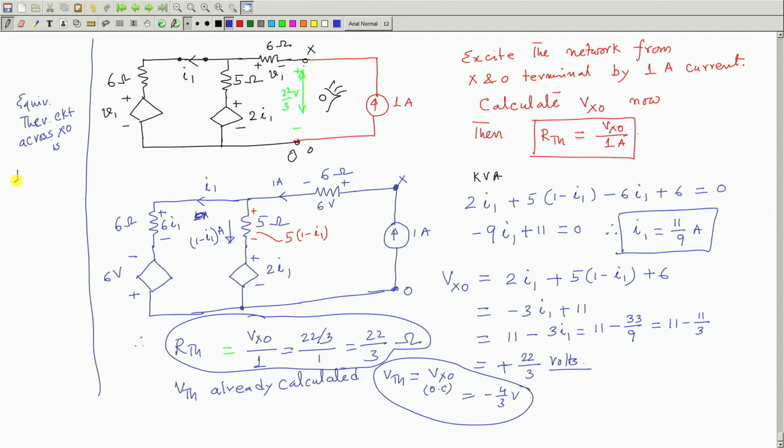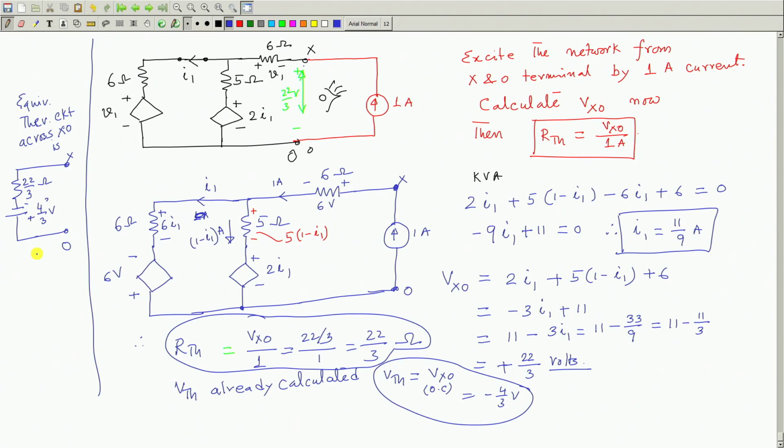So, two ways you can write: R Thevenin's is 22 by 3 ohm and V x O is minus 4 by 3 volt. So, it should be shown like this. And this is your point x and this is your point O.